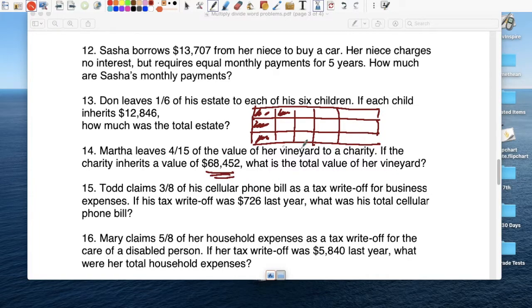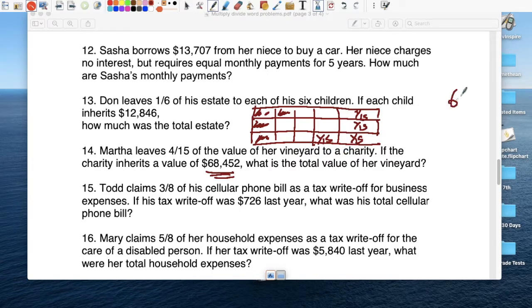We want the value of the total land here, all parts combined, all 15/15 combined. A simple way is finding out how much 1/15 is, and then multiplying by 15.